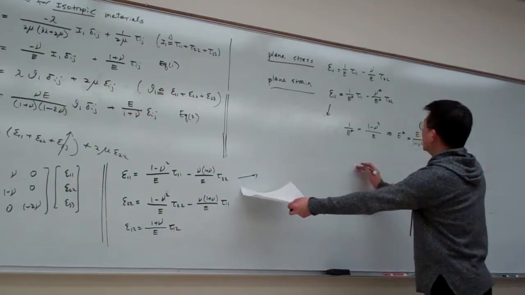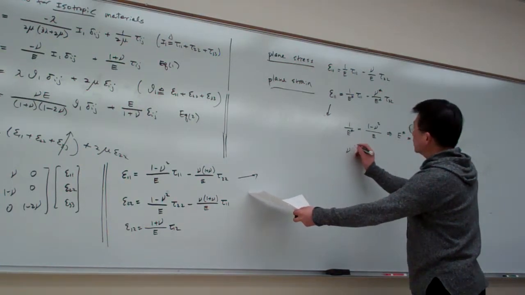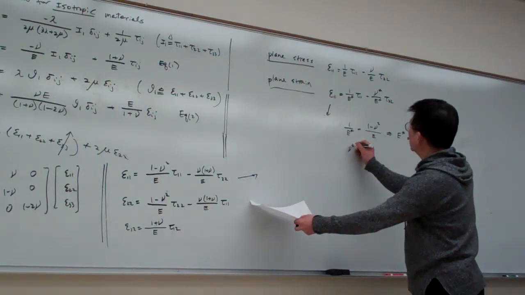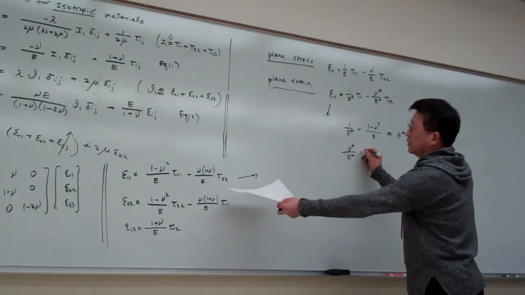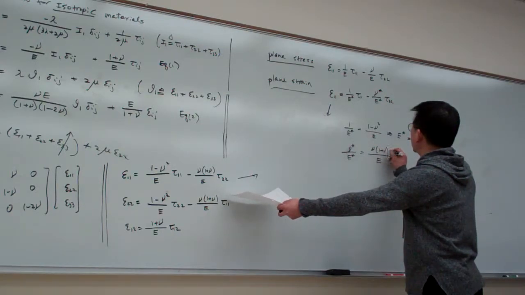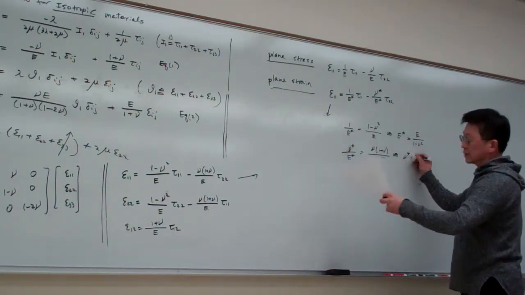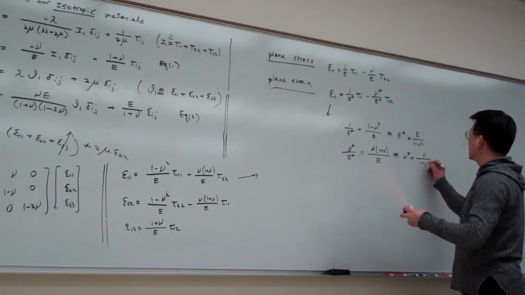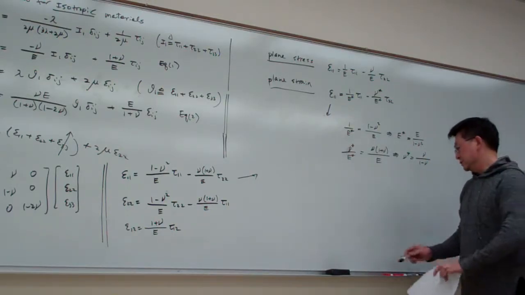And then also comparing nu, nu star divided by E star equals nu times 1 plus nu over E. So from here you can determine nu star equals nu over 1 minus nu. So that's it.